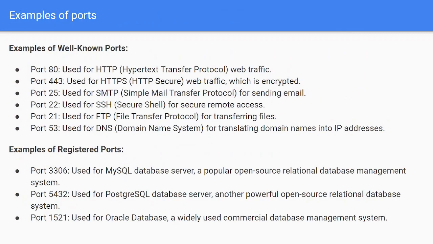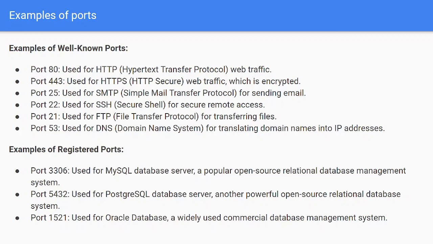Examples of well-known ports: we have port 80, which is HTTP, Hypertext Transfer Protocol, that's web traffic. Then we have port 443, which is HTTPS, Hypertext Transfer Protocol Secure, which means the web traffic is encrypted.